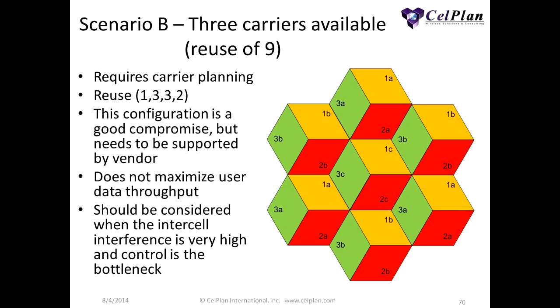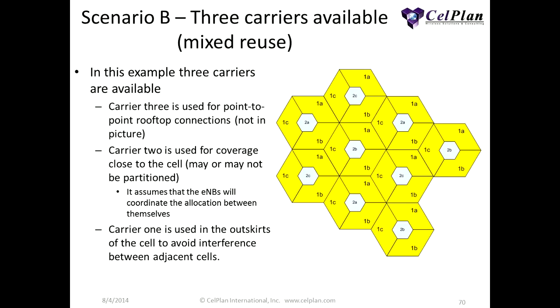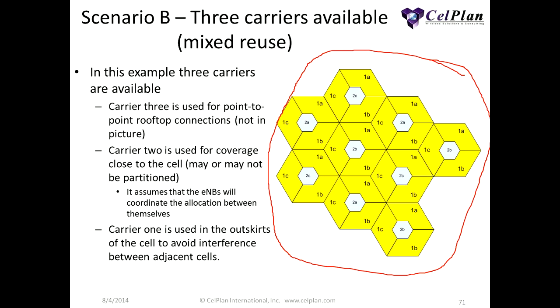This now is a reuse of 9. Well, how efficient? Of course, reuse of 9 is much more efficient in terms of interference, but I can only carry 1/9 of the resources, and then it becomes a problem. So I can do something like this, a fractional mixed reuse with 3 carriers.